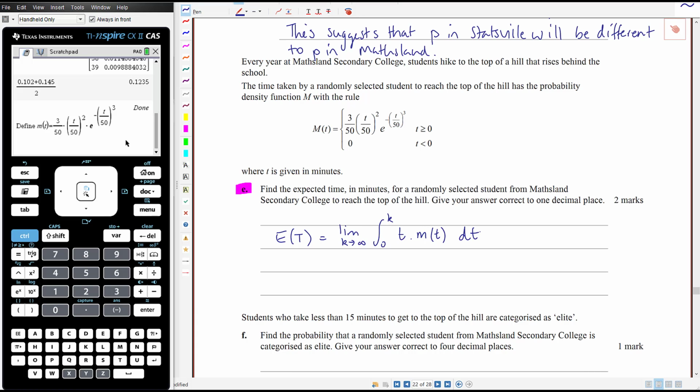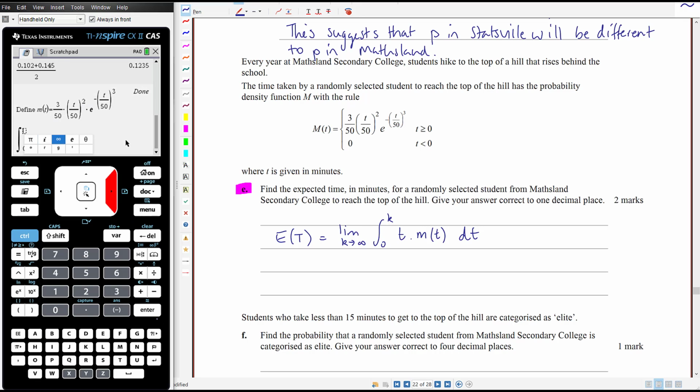Your CAS, however, will let you put infinity in the limit of the integral, although it's strictly mathematically not quite correct. Since we can't actually substitute infinity, we're taking a limit. 0 to infinity of t times m of t dt.